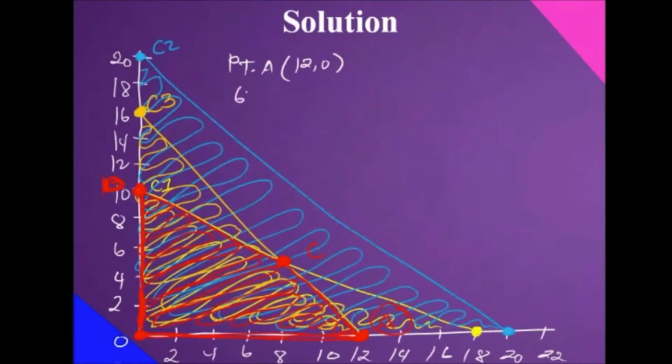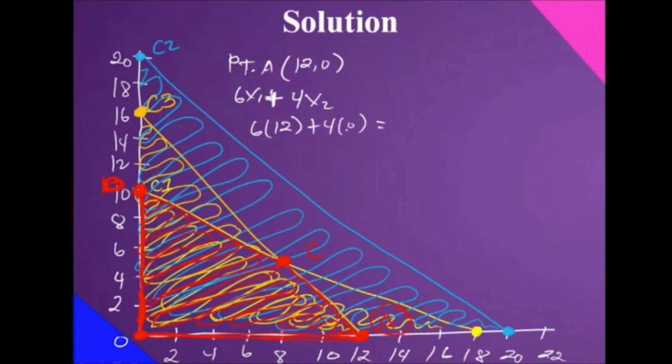So copy 6x sub 1 plus 4x sub 2. Sabi ni point A, 12 and 0 lang daw. So 6 times 12 plus 4 times 0.